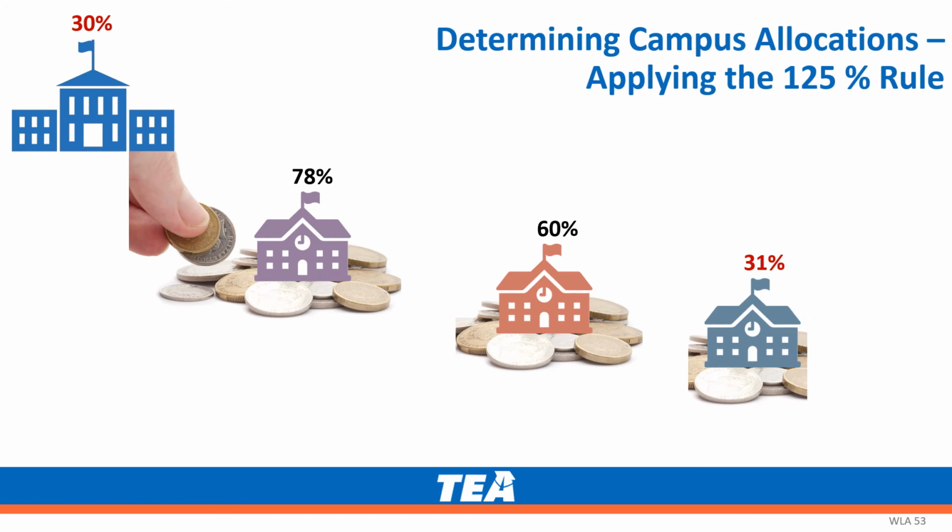The 125% rule requires an LEA to allocate an amount for each low-income child in each participating Title I school that is at least 125% of the LEA's allocation per low-income child.